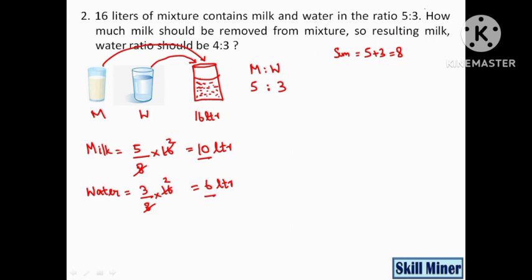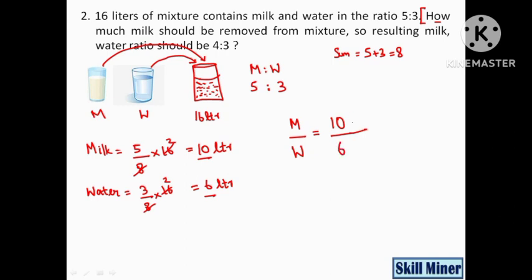Now we can move to the second condition. How much milk should be removed from the mixture so that the resulting milk-water ratio should be 4:3? See, there are 10 liters of milk, there are 6 liters of water.